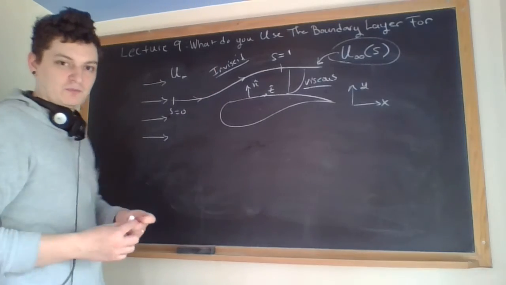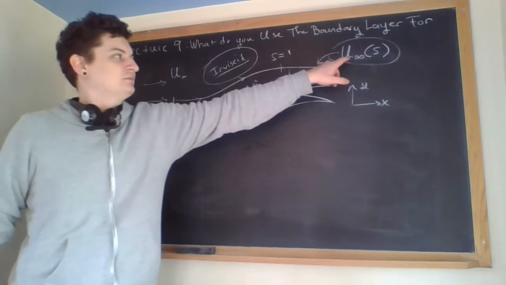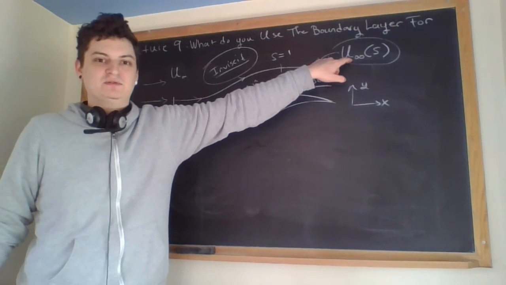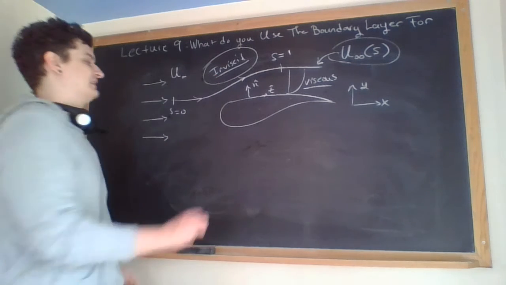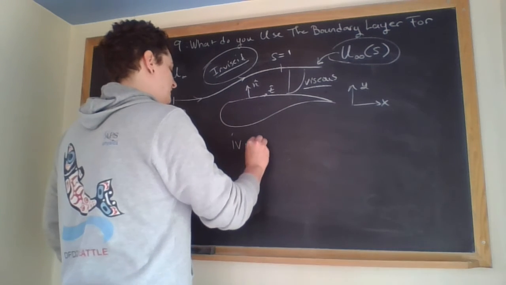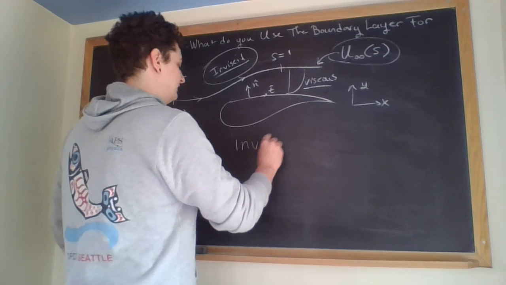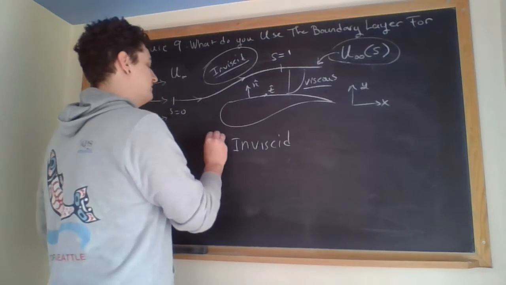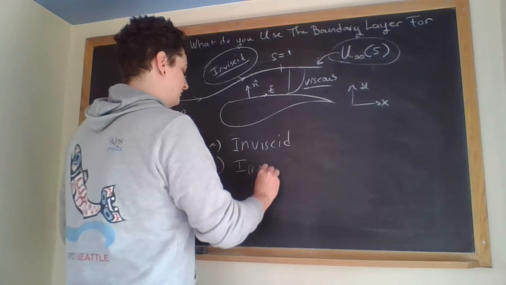More importantly, all that matters in this class is that in this section right here, I can put an equation to this u of s, since this is inviscid. We'll say that this is inviscid and this is not, which is pretty well motivated, and then we'll say irrotational.